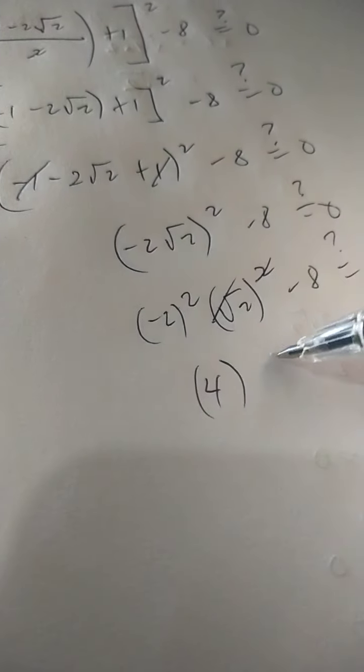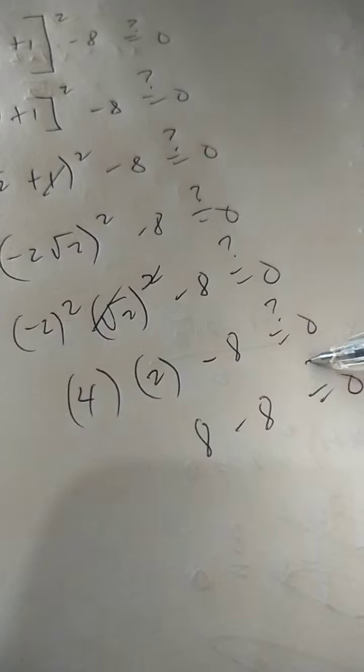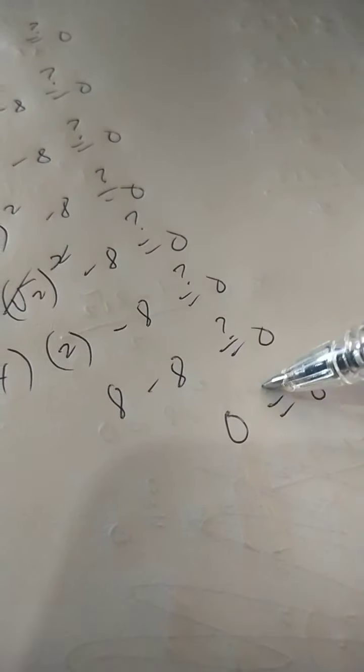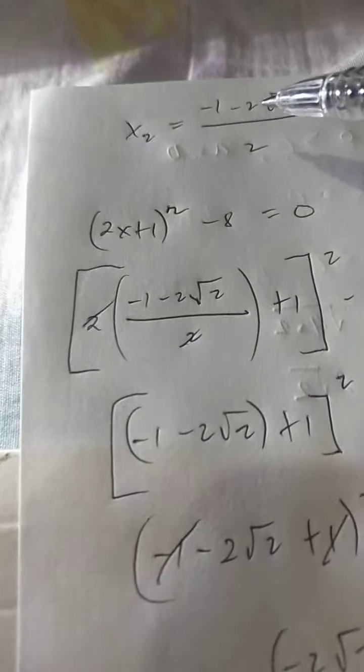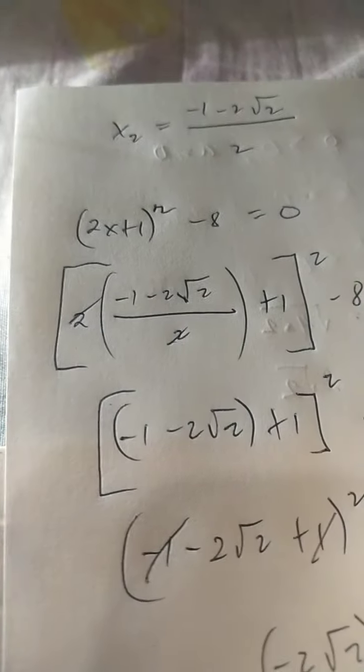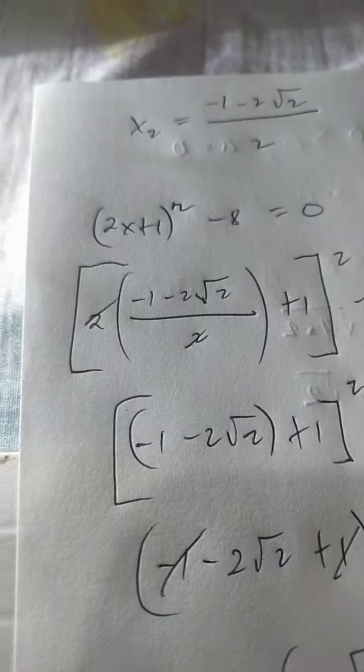This one is cancelled. We have 2. Then, we have minus 8 equals 0 question mark. 4 times 2 is 8 minus 8 equals 0 question mark. 0 equals 0. Check. So, again, yung ating x sub 2 ay solution to our quadratic equation.